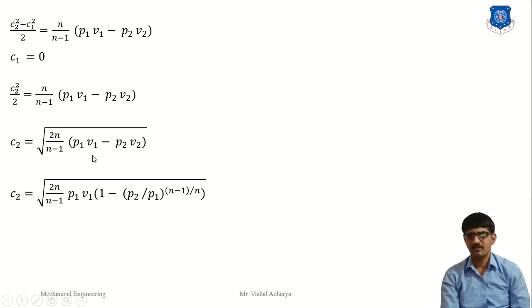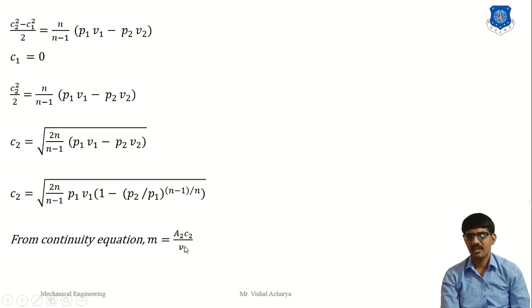Here we take out the first term P1 V1 as common, giving 1 minus (P2 by P1) raised to (n minus 1) upon n. Here we also convert the V2 by V1 value into the pressure term, and we get the value (P2 by P1) raised to minus 1 by n. From the continuity equation, mass flow rate is equal to area into velocity divided by the specific volume.